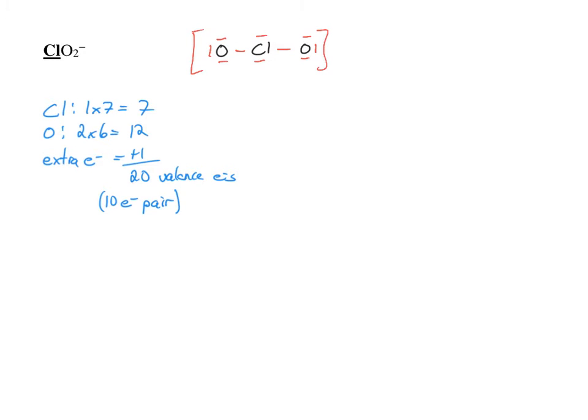So now we have a complete octet on all of our atoms, and our Lewis structure is done. We see our steric number is 2 because there's 2 regions of electron density around the center atom. Both of them are bonding, so this is an AX2 molecule. Our molecular geometry is linear.